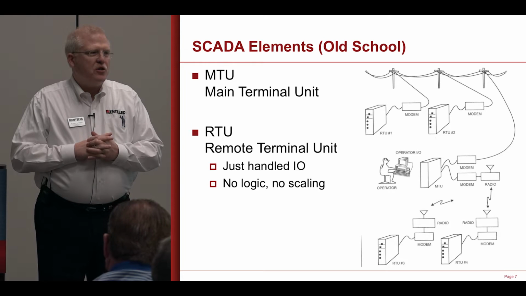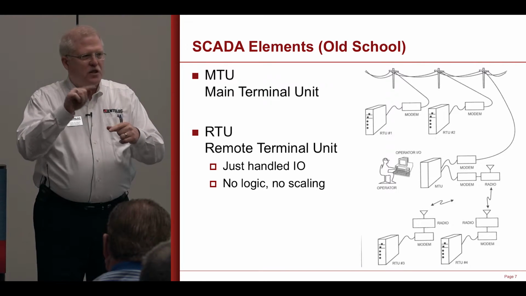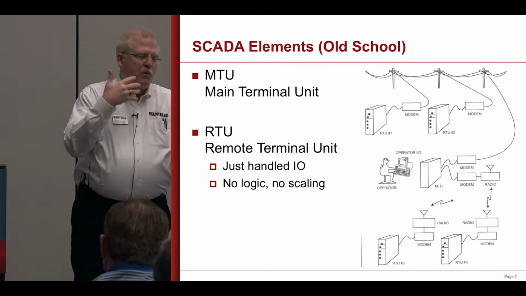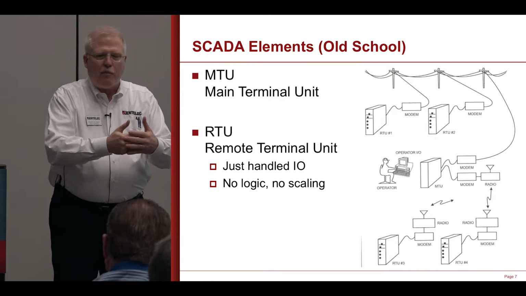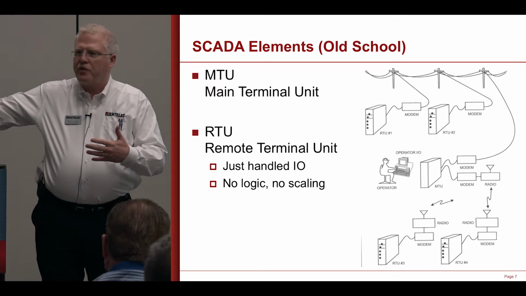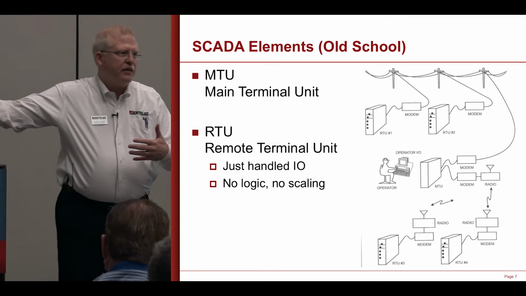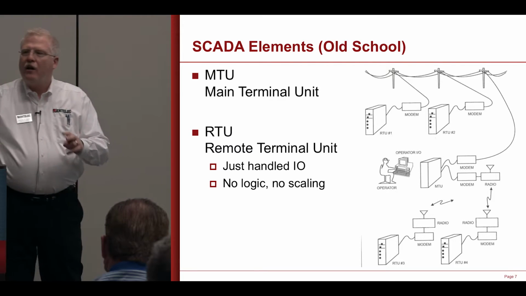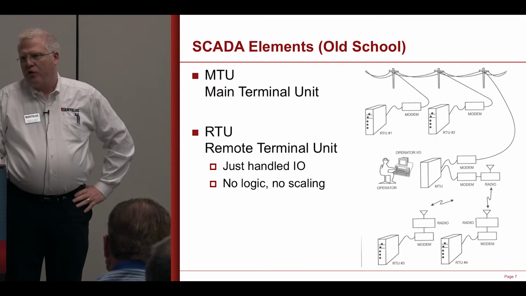What they would do is take all those switch indications and switch actuators, if they had actuators on them, and physically wire them using copper wire back to a remote site, and that became the remote terminal unit, or the main terminal unit, right? So SCADA is built up from simple electrical control.